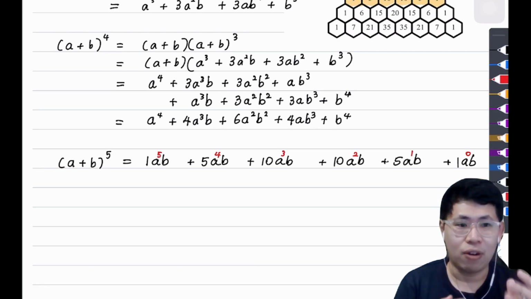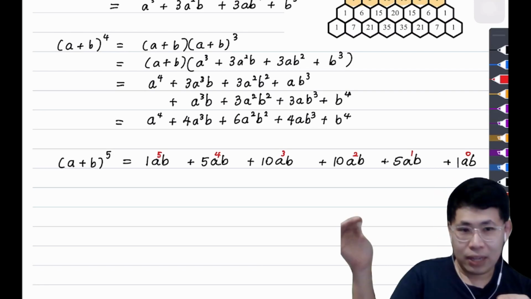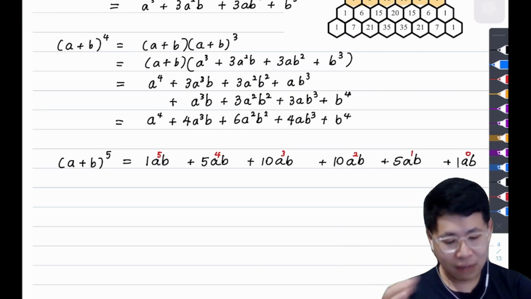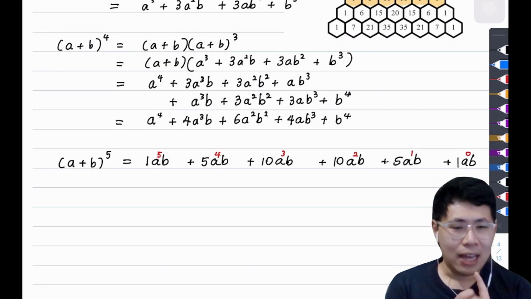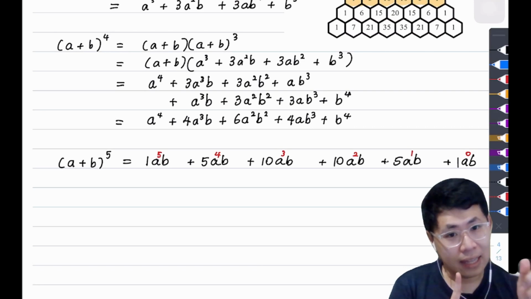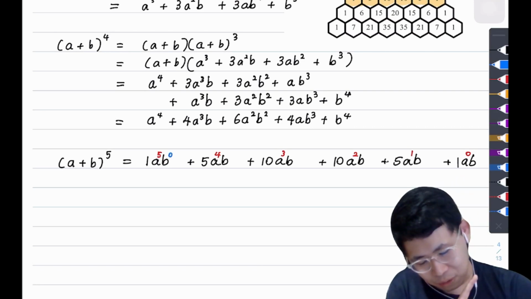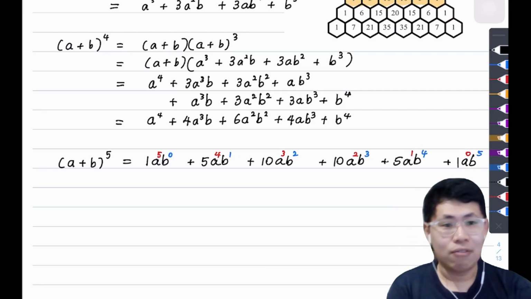Mainly working from the patterns that we've established so far. So the powers of a descend from 5 to 0, and 0 is included, we must include 0. Now for b, the powers are ascending, correct? So it will be b power 0, b power 1, b power 2, b power 3, b power 4, and lastly b power 5, right?